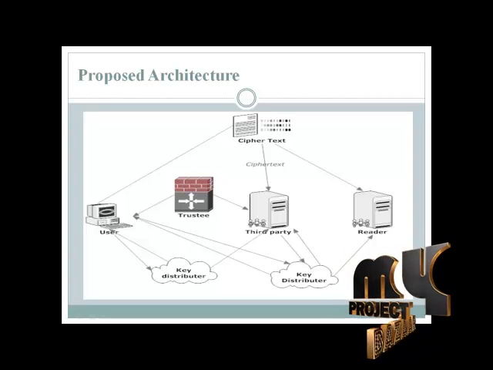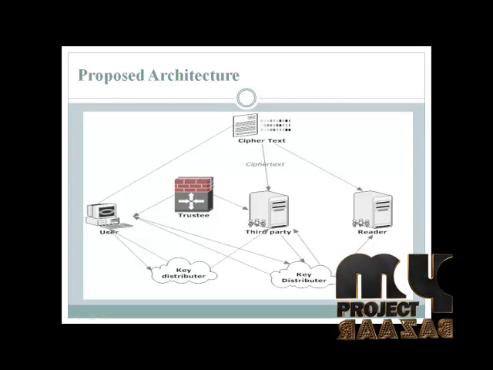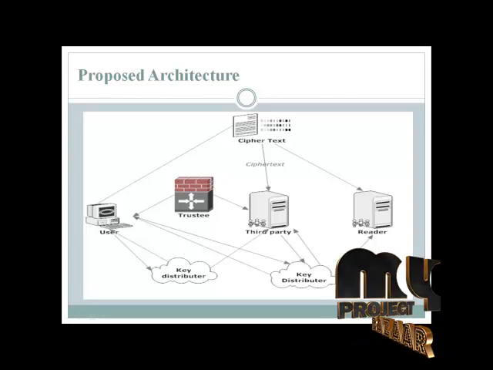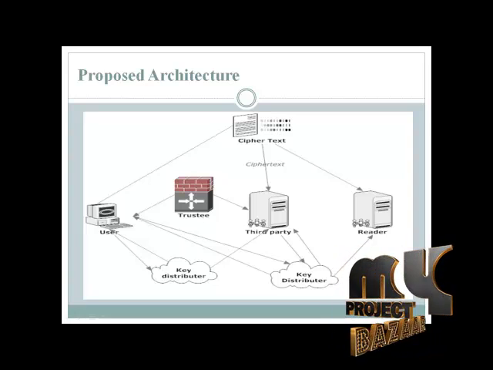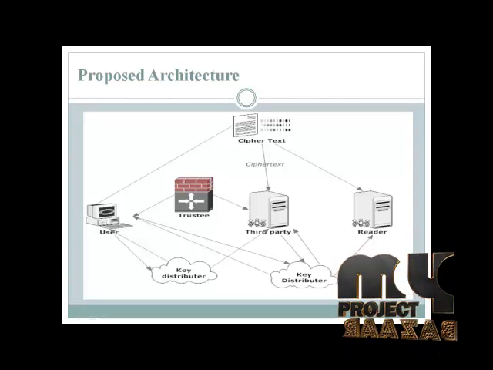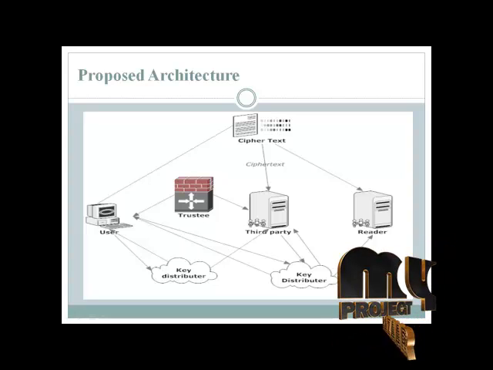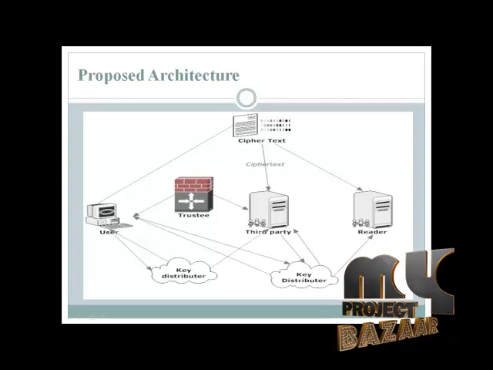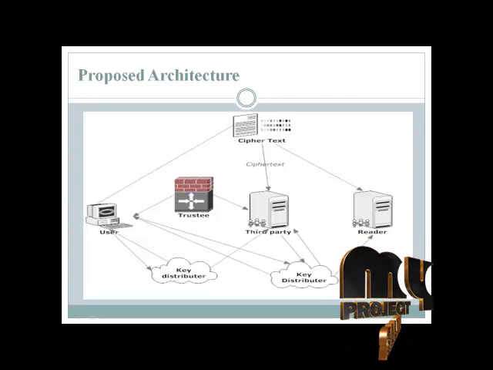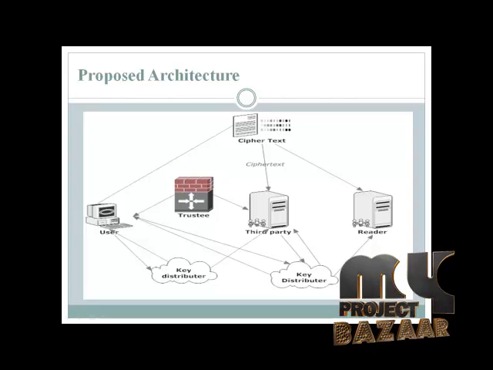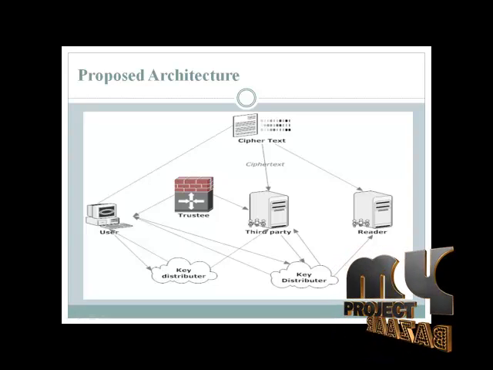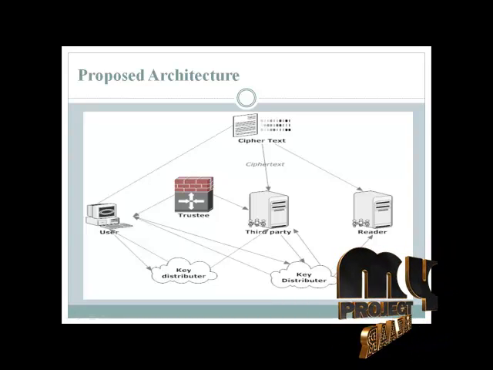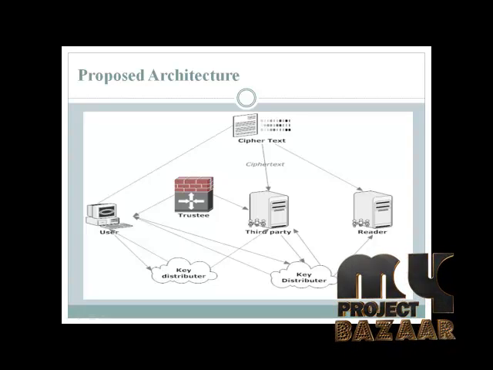The user's information is stored in the third party, which maintains the users' identities and their requests. Users' requests are sent to the cloud through the third party. The third party provides the key distribution for each of the data. Readers are only able to read the data stored by the users.